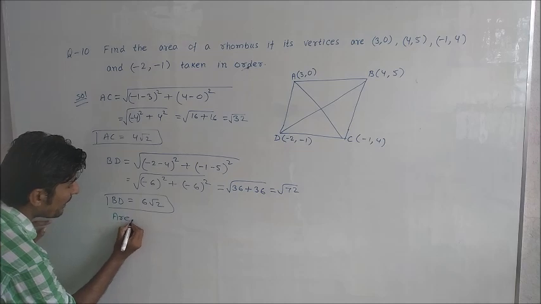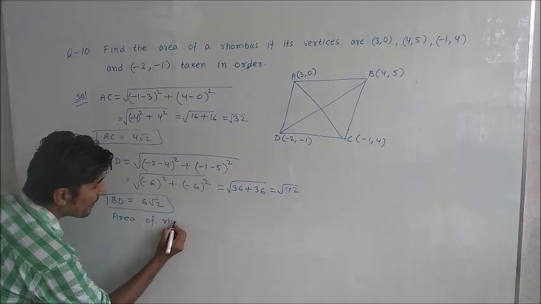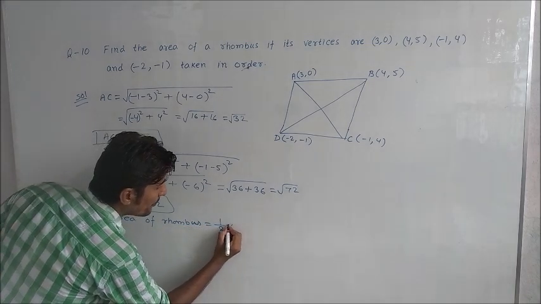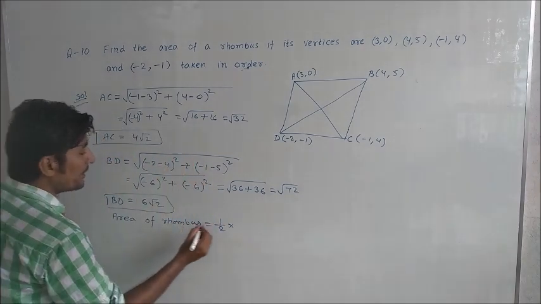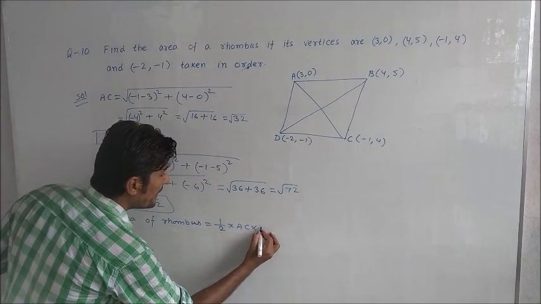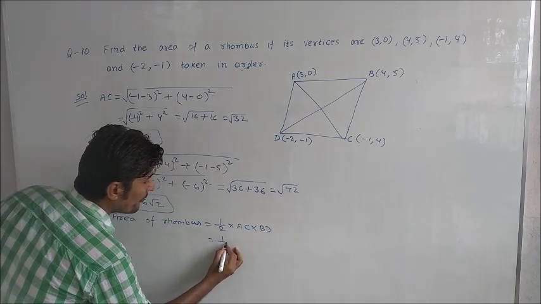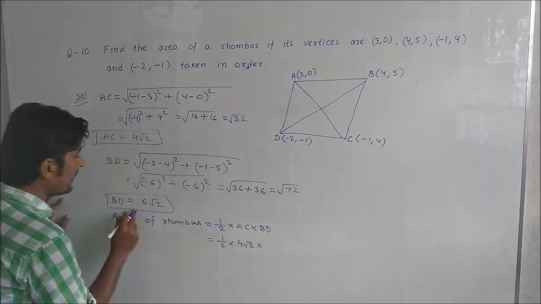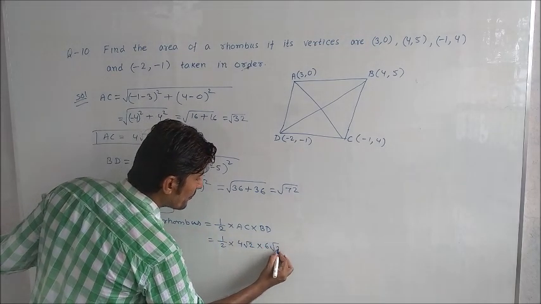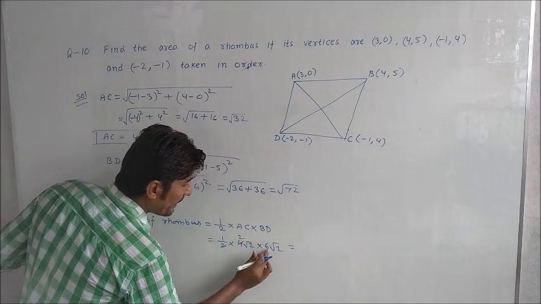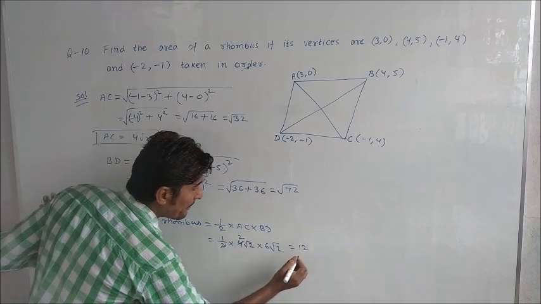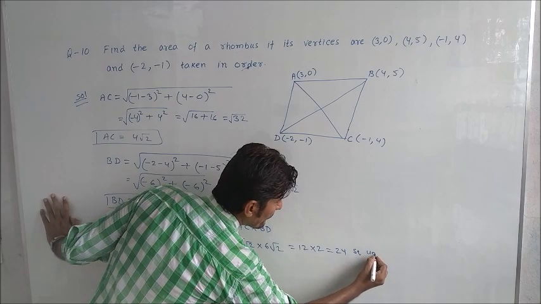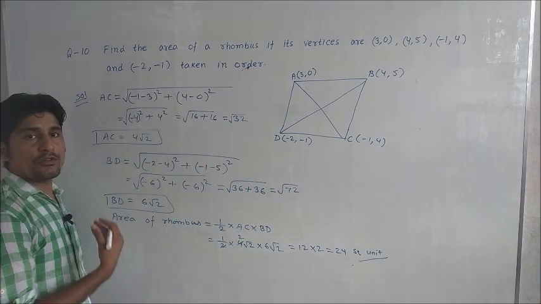As we know, the area of a rhombus is equal to 1 upon 2 into D1 into D2, meaning AC multiplied by BD. 1 upon 2 will be as it is, into AC, whose measurement is 4 root 2, multiplied by the measurement of BD, which is 6 root 2. 2 times 4 is 8, and 6 times 8 is... 2 into 4, and here 6 into 12... root 2 multiplied by root 2 will be equal to 2, so the answer is 24 square units. So this is the final solution of this question.